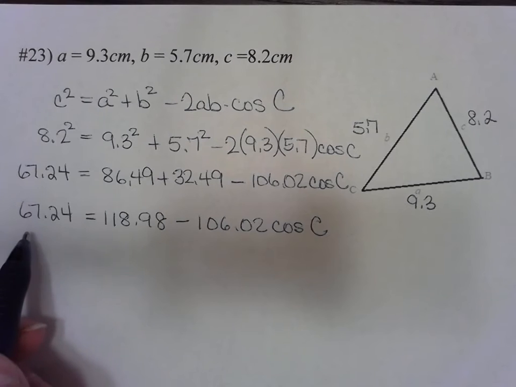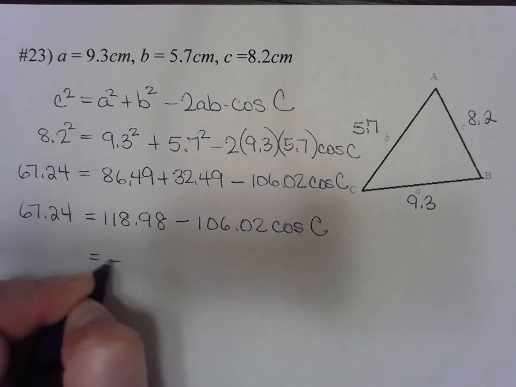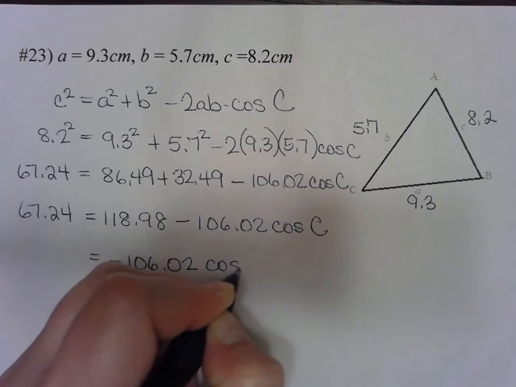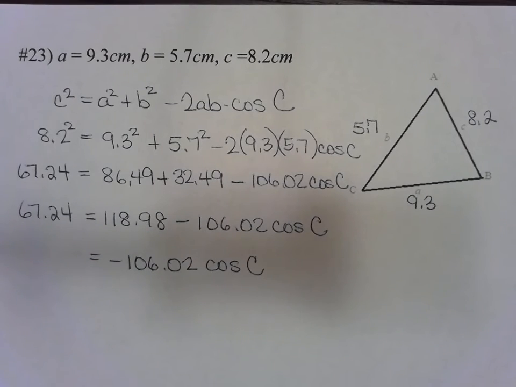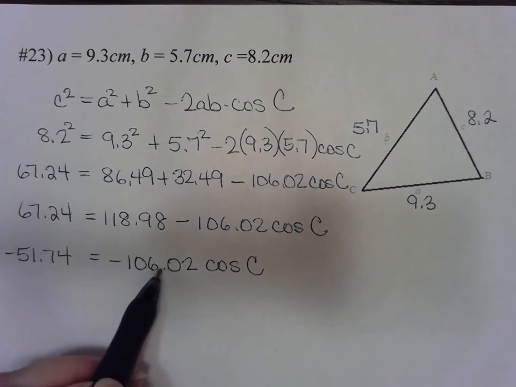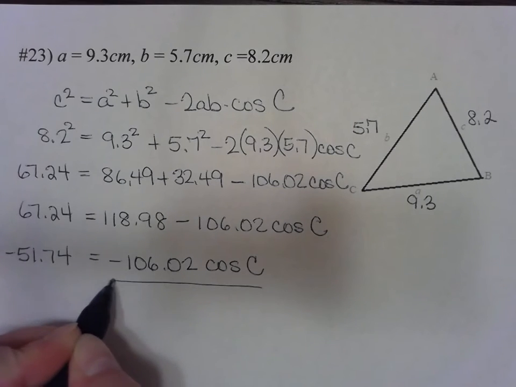I'm going to subtract this over to the other side. That gives me negative 51.74. And then I'm going to divide by this 106 number.